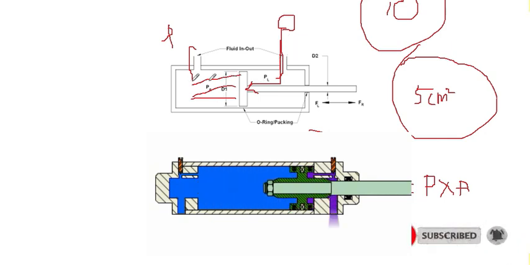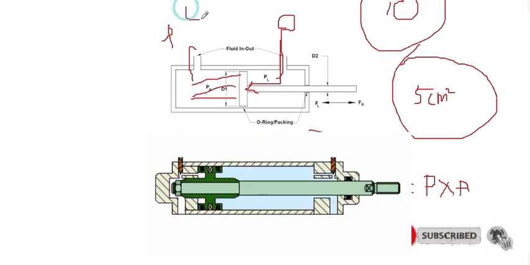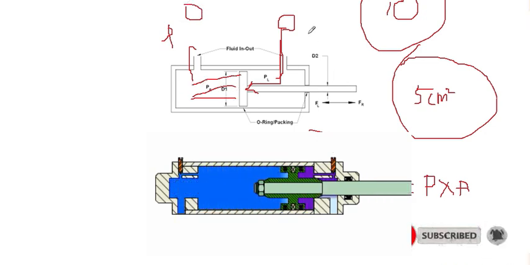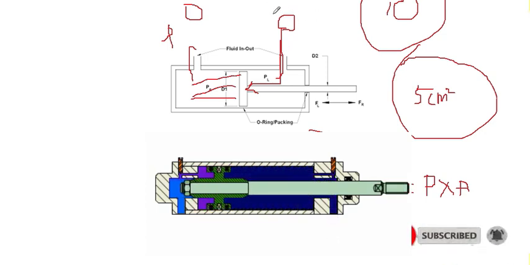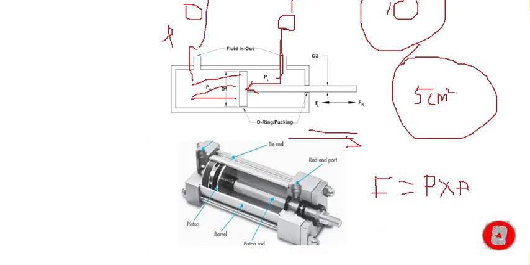While retracting it is also the same: the fluid which is already occupied in this area should go off with 0 pressure. Then only the force is going to be balanced. You should always be aware of the operating pressure occurring at both the inlet and outlet. If you know that, then you can easily calculate the forward force or the retract force.